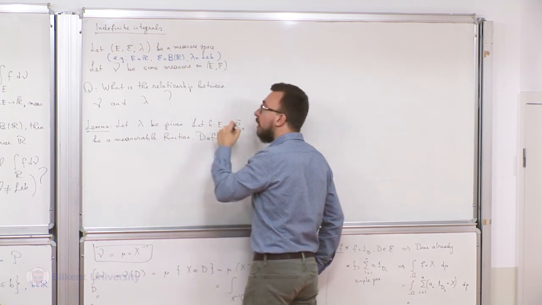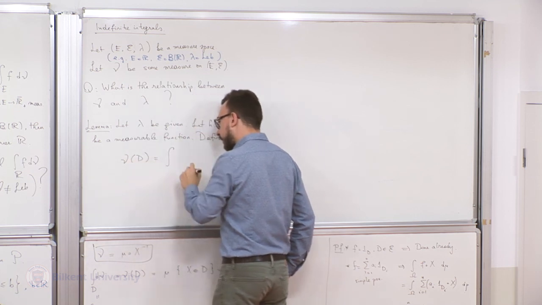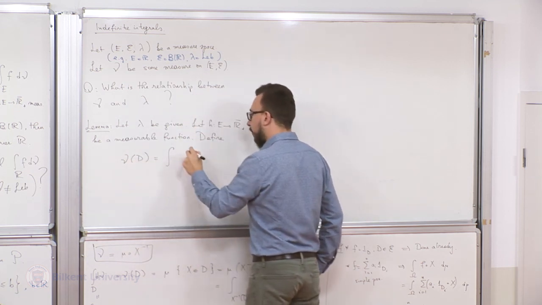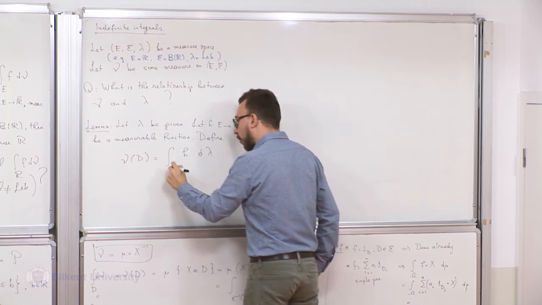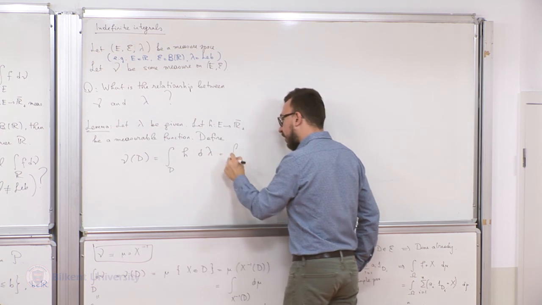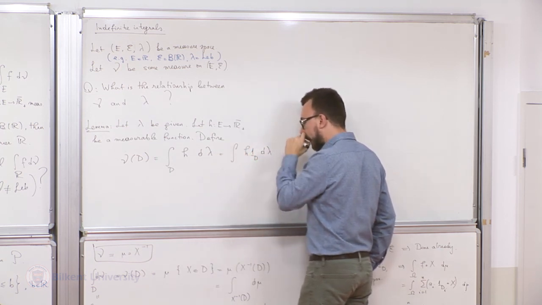Define nu of D as the integral of h d lambda over the set D. So it is the integral of h indicator D d lambda.